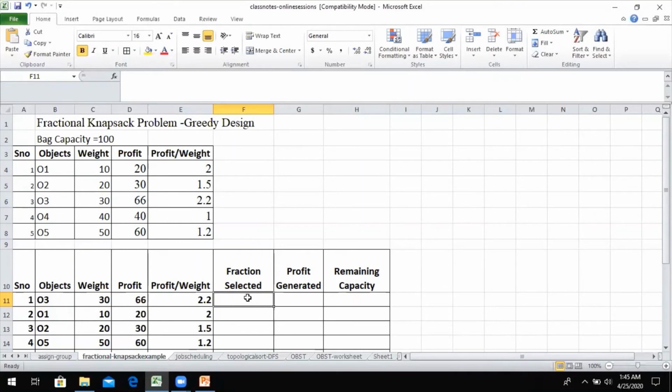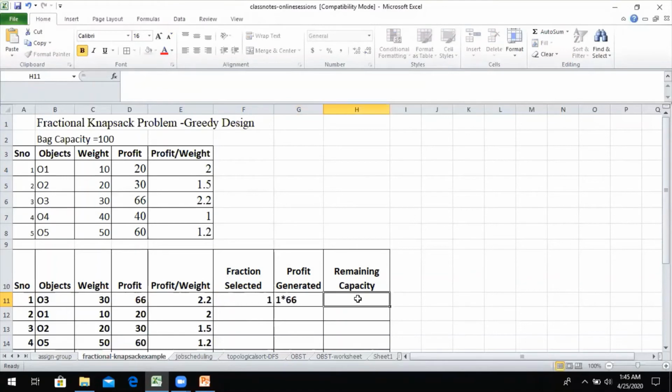Now, the maximum unit of the object O3 that I can select is 1, because the weight of 1 unit of O3 is 30, and 30 can very well fit into 100. So I can select 1 unit of the object O3, and hence the profit generated would be 1 into 66, because 1 unit of the object O3 generates a profit of 66 and a weight of 30.